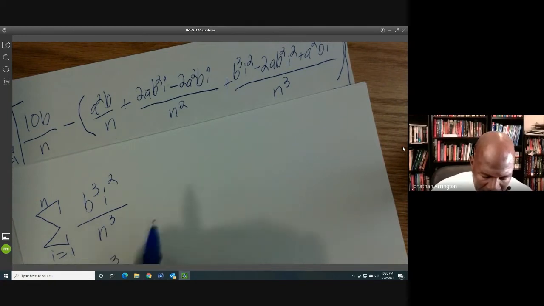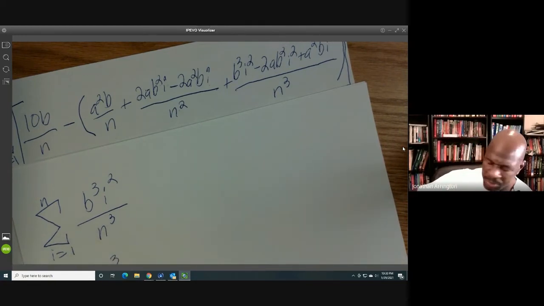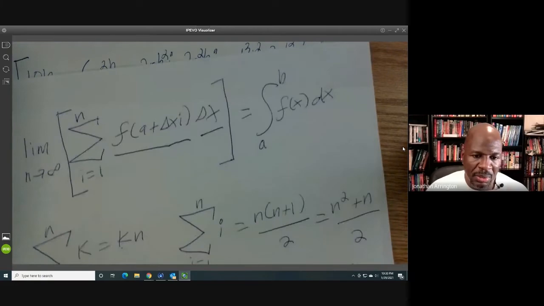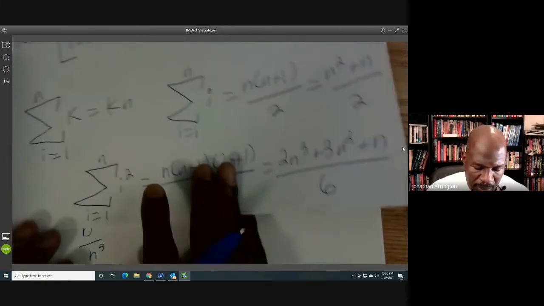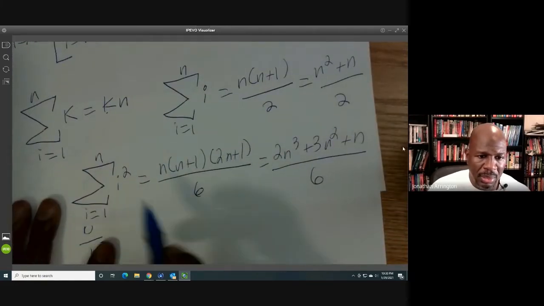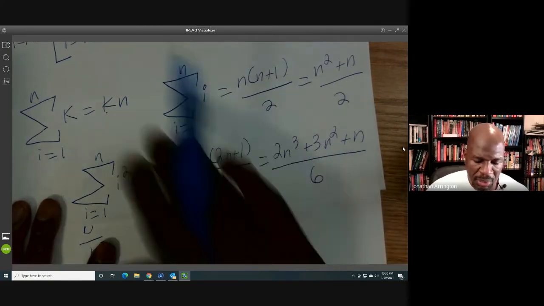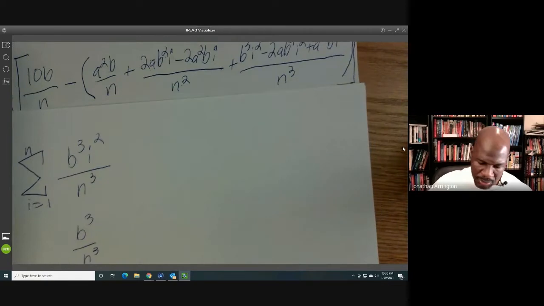And again, when I sum this i squared, I get this 2n cubed plus 3n squared plus n over 6 guy. Where's my summation rule? Just to show you so you don't think I'm doing any type of tricks or magic. So here's the sum of i squared, and it's 2n cubed plus 3n squared plus n over 6. So that's what that's going to turn into.